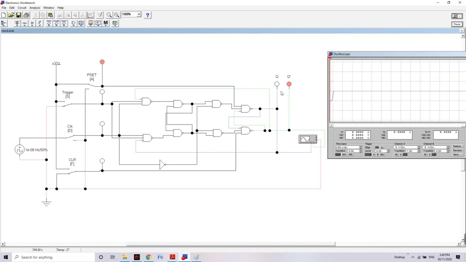So when the preset and clear are both equal to 0, the condition should not be used because it can result in an ambiguous response. As you can see, Q and Q prime are equal to 1, which is not right because Q prime is the inverse of Q.